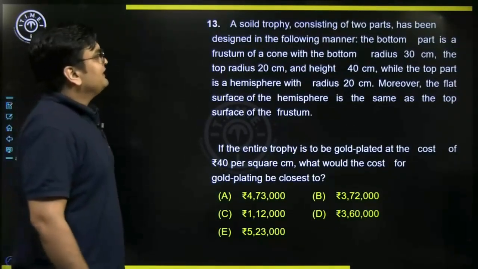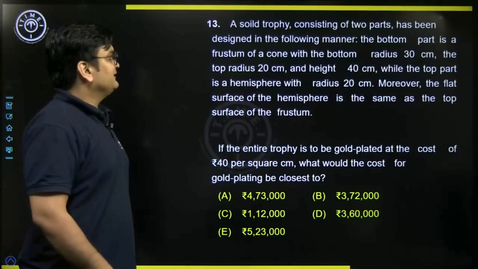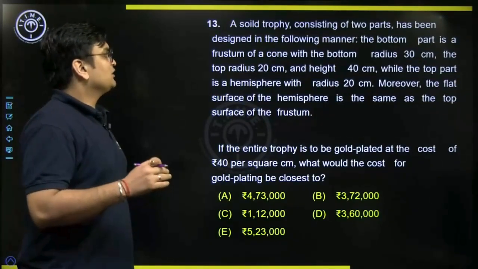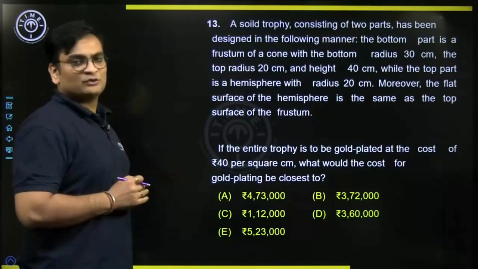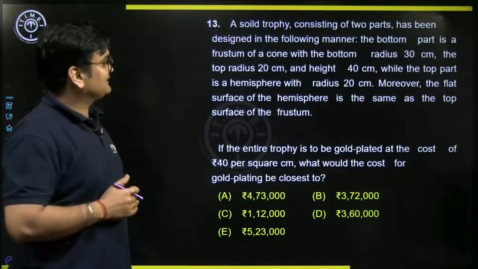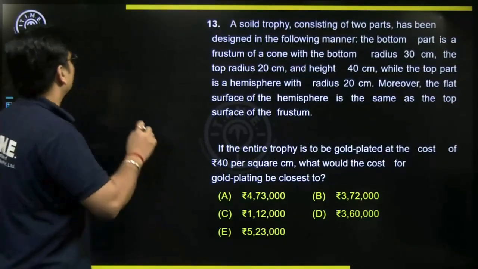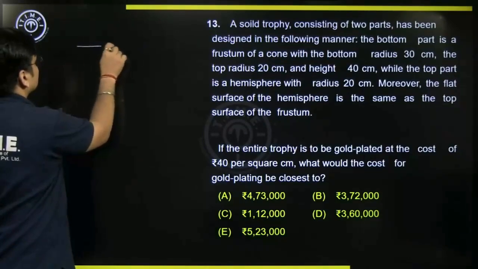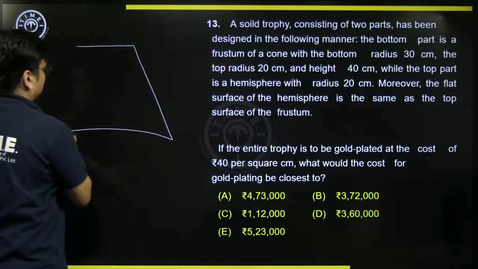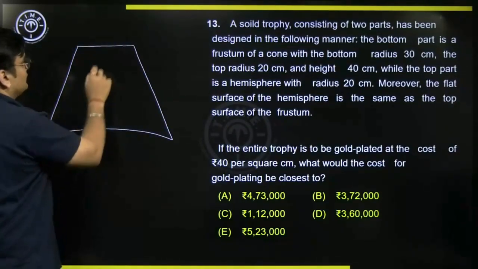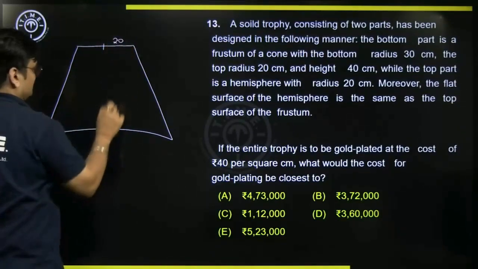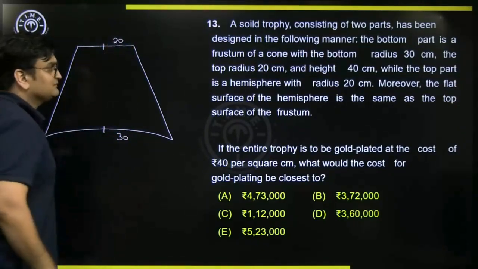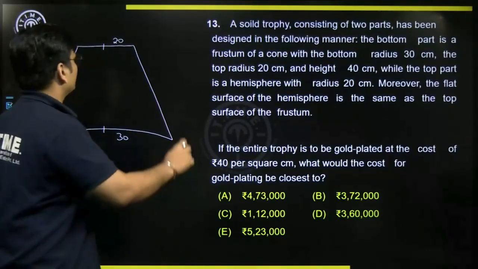A solid trophy consisting of two parts has been designed in the following manner. The bottom part is a frustum of a cone with the bottom radius 30 centimeter, the top radius 20 centimeter. The top is 20 centimeter, bottom is 30 centimeter, and the height is 40.